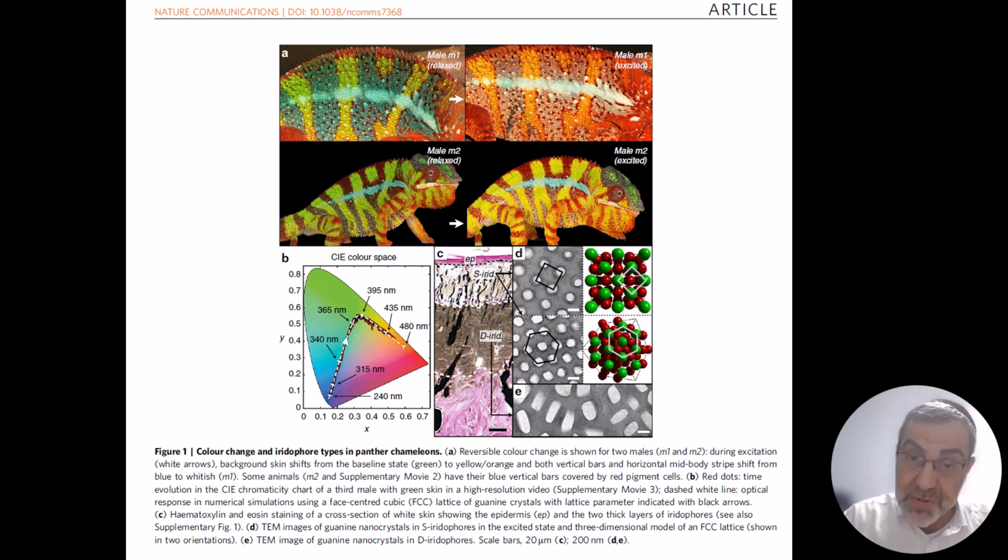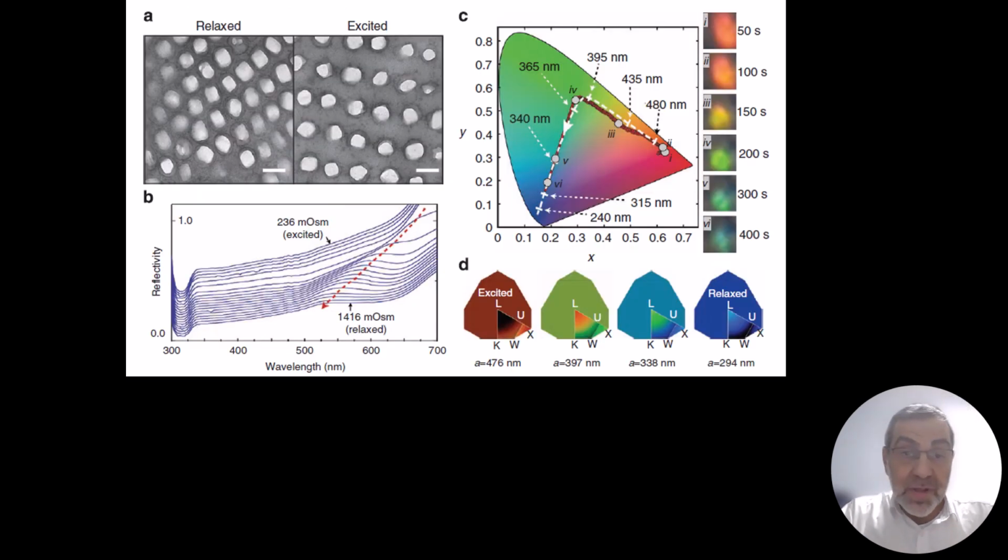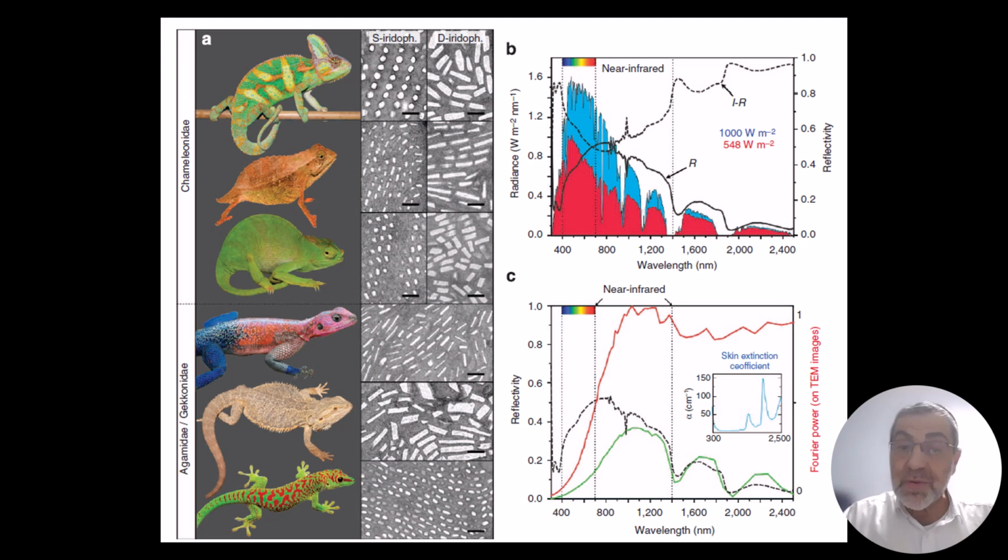And by changing the distance between those nanodots, it will change the pattern of interference, and it will change the color that we perceive. And that's why the chameleon can have so many different colors depending on its mood and on what he wants to do. And this is all depending on the nanostructures that are changing on the skin, and those are not colors.